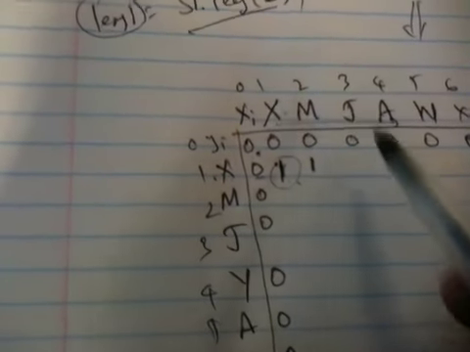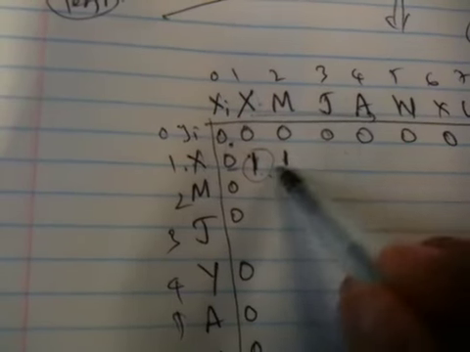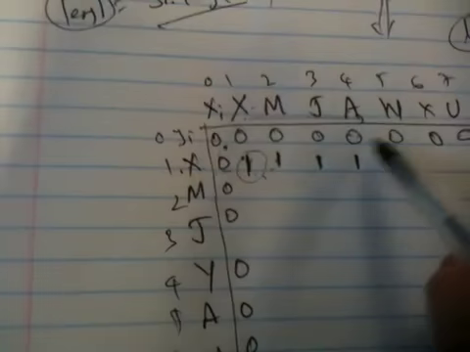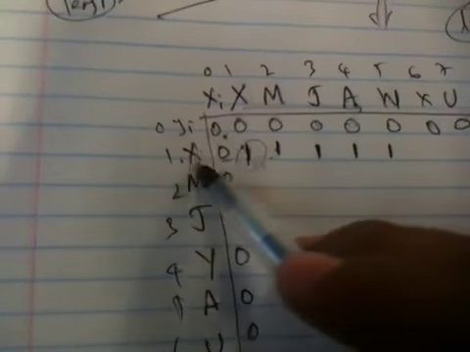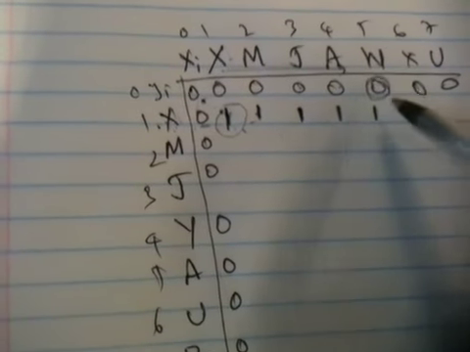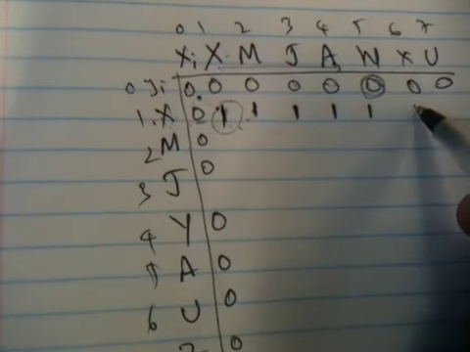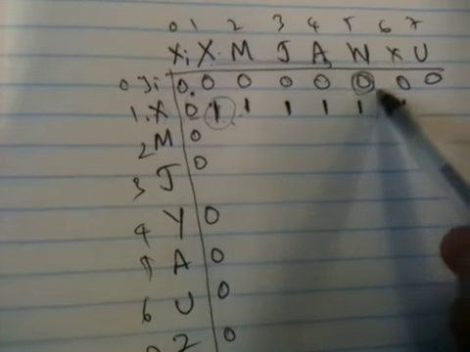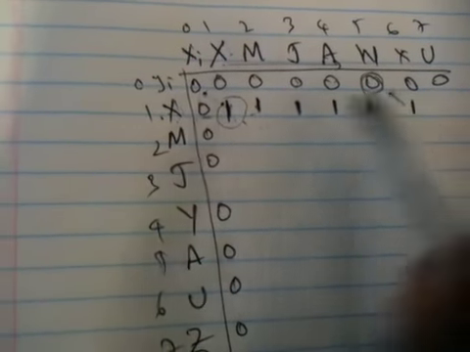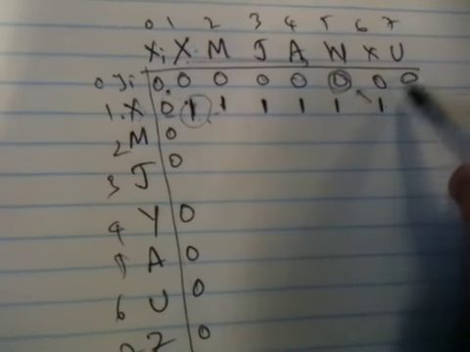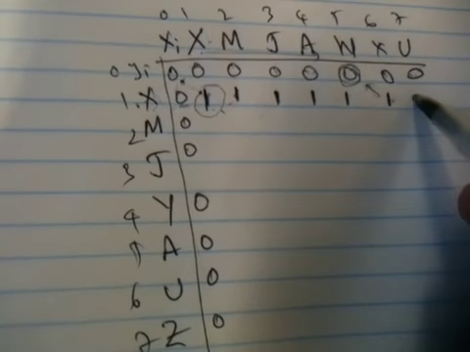Next, x and j are different, so among these two, this one is greatest, 1. Then x and a, 1, x and w, 1. Here x and x, again two same symbols, so we add 1 to the diagonal one, 0 plus 1, 1. But remember, this comes in this way; actually, we do not do this because we will explain it later. So x and u are different, take the greatest of these two, that is 1.